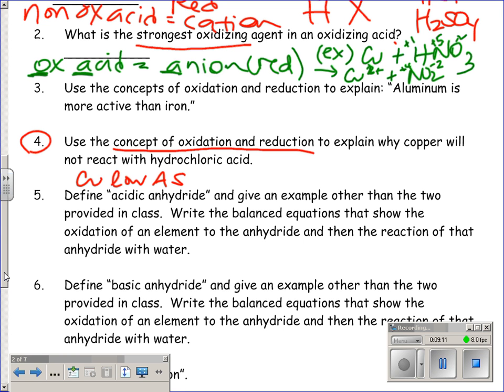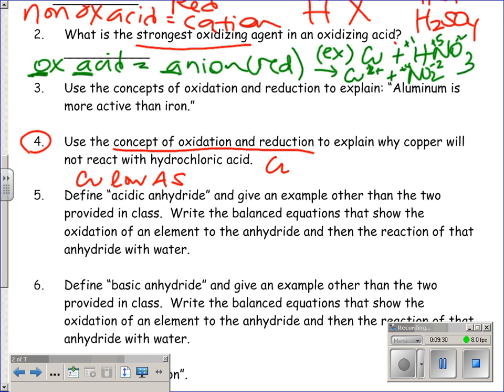But is it greedy for electrons? Does it want to keep its electrons? Make a choice. It's yes or no. Why does it want to keep its electrons? Because it's not active. It is true to say reactive, but I'm trying to get you to say the word active. Active means to be able to do what? Give away electrons or oxidize, right?